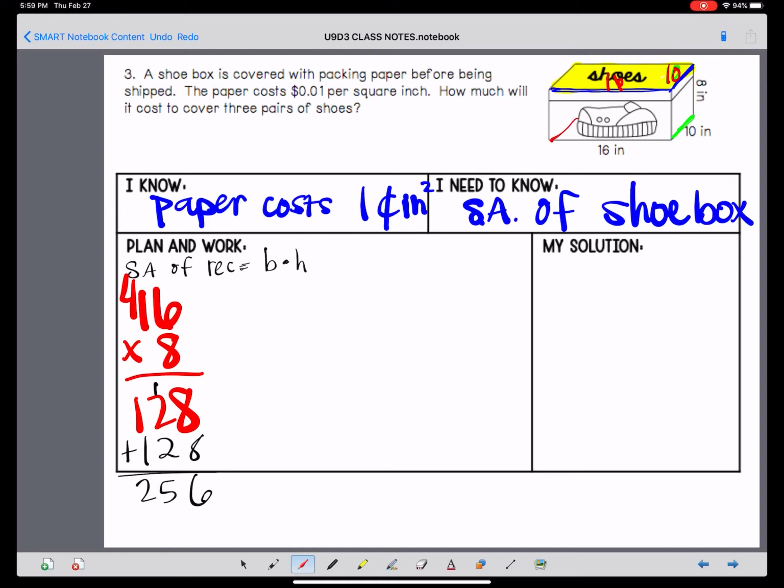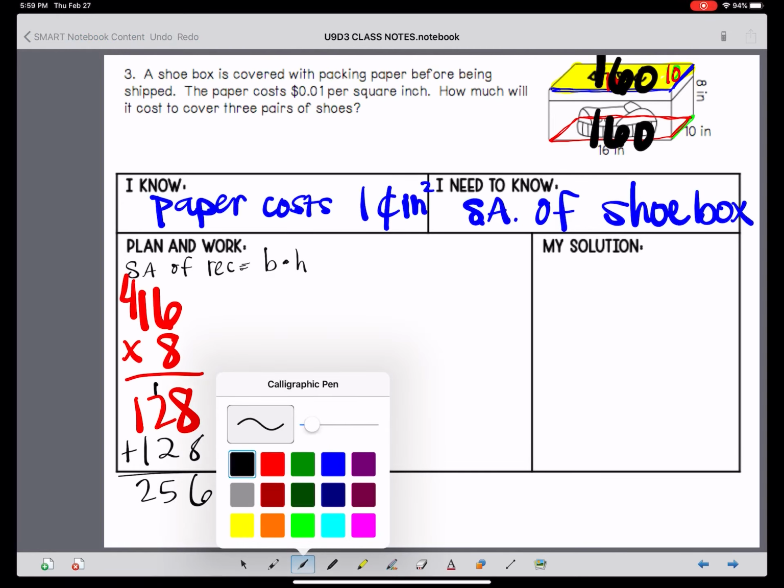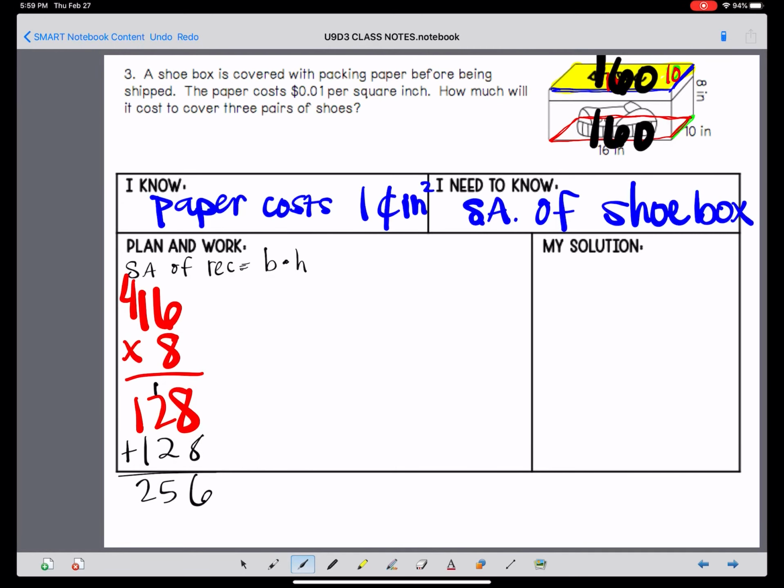And I know the bottom panel, underneath the shoebox, the part that we can't really see, will also be 160. So if I have 160 on the bottom and 160 on the top, let's add those two together. And I'm going to add it to my running total.